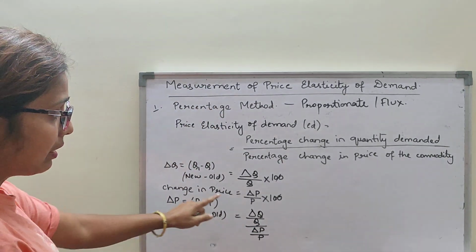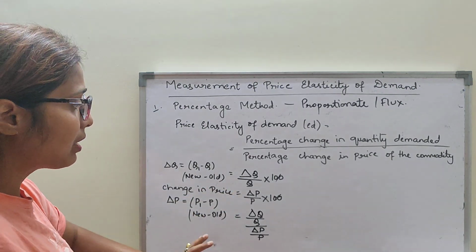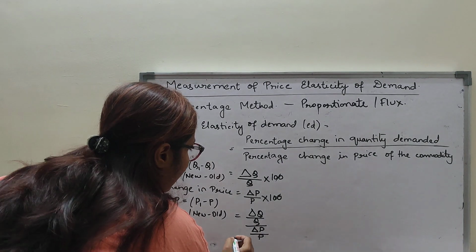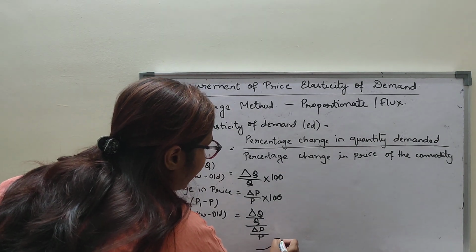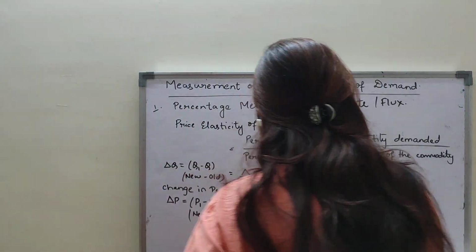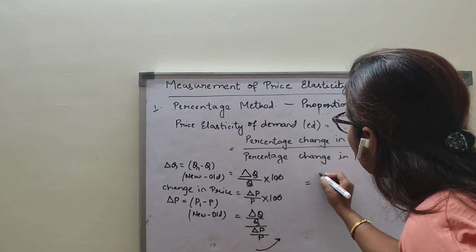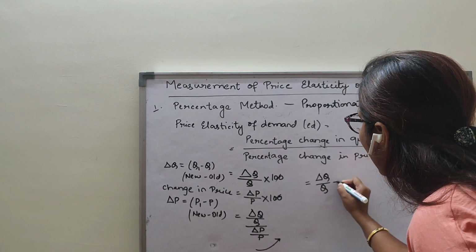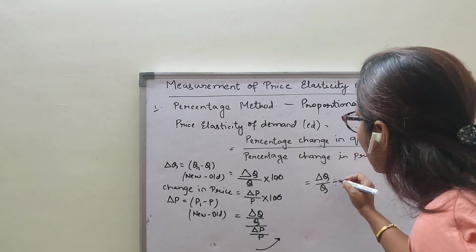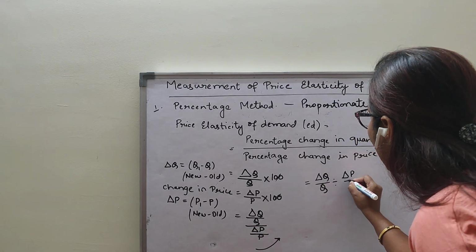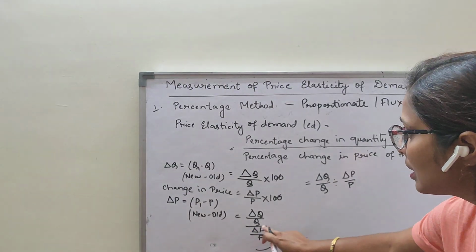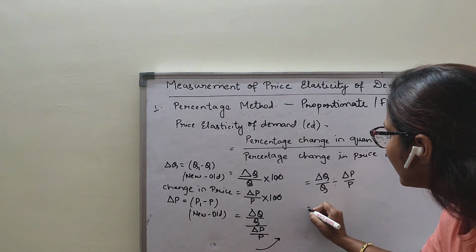Okay. Is it clear to you up to this? I have changed nothing, I have written nothing, only I have written this part over here. Clear? Now here there is no space, so I am writing over here. See, change in Q by Q divided by, this is the divide sign, so I am just writing change in P by P. Nothing I have done, only this is the divide sign, so I have written it over here.